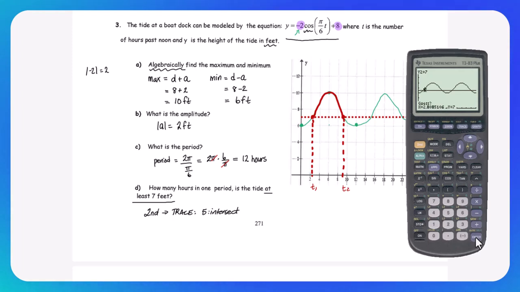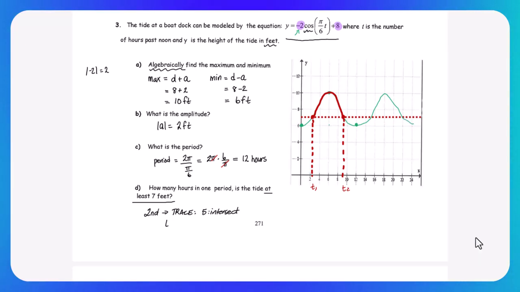Hit enter, enter, enter. When x equals 2, y equals 7. So the first time, t1, is 2.